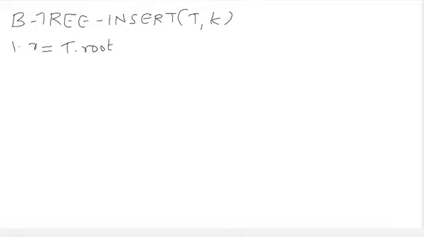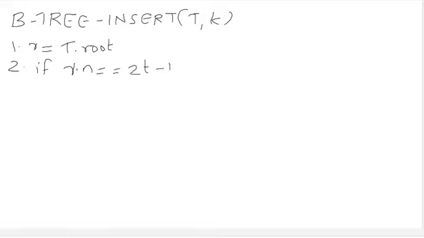Then, if R dot n is equal to 2t minus 1, what does this mean? This root R, the root of this tree, is a full node. If the root is a full node, then the root needs to be split.